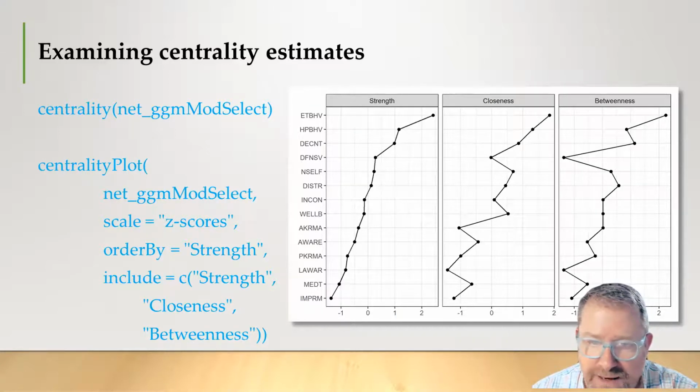I told you that ethical value-driven behavior was very central, and it came out as about the most central construct across all three indices of centrality. You can get these numbers just by doing this command, and you can get these plots by doing this command.